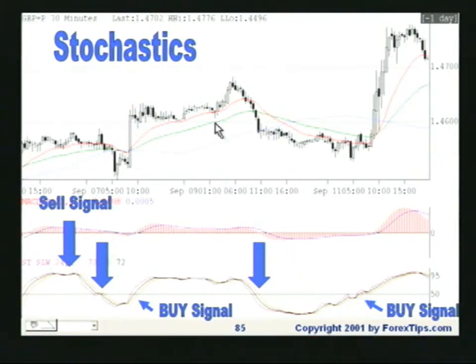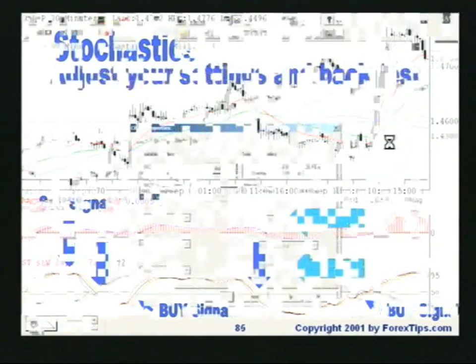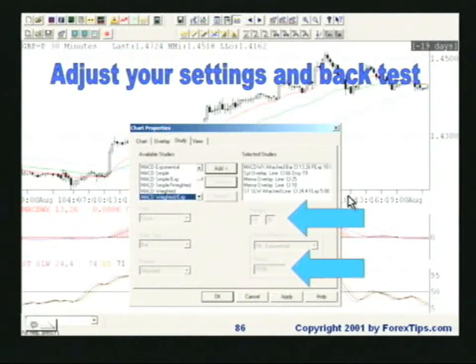Now, stochastics is recorded on this chart at the bottom of your screen. You can see that we have moving averages up here, MACDs here, and stochastics down here. These are giving sell signals, buy signals, sell signals, buy signals. Look at how the market responds based on these buy and sell signals. You can adjust your settings and backtest everything that you do.